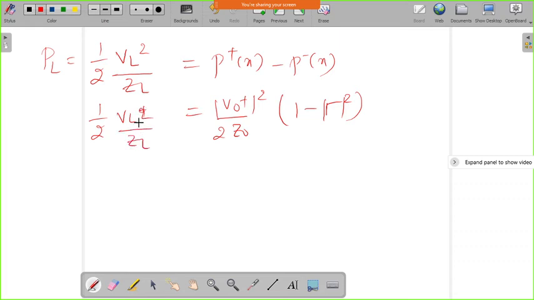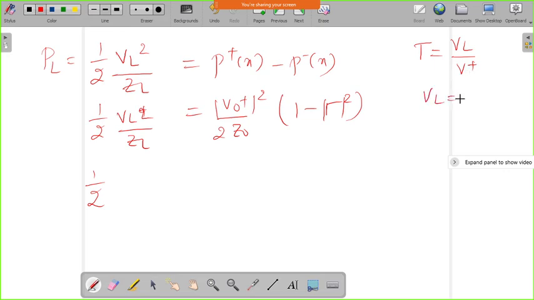We can write it in terms of the transmission coefficient, replacing VL with T into V plus, since T is VL by V plus.